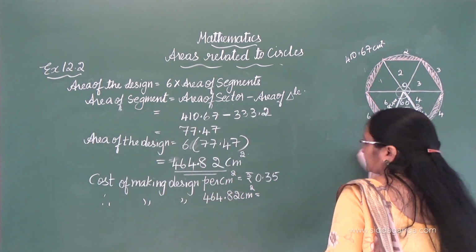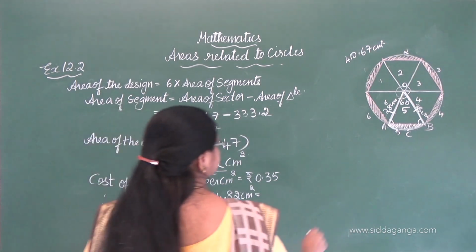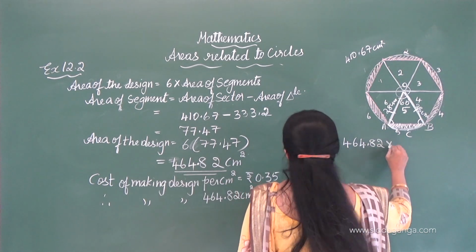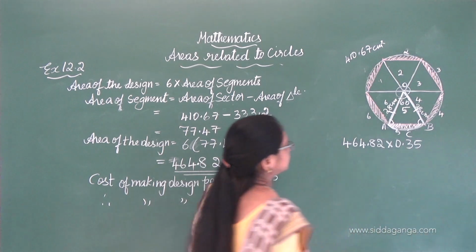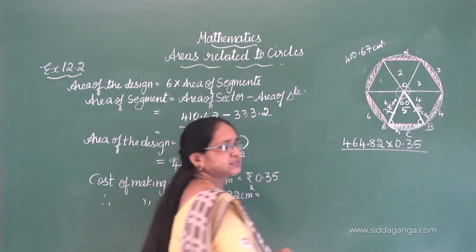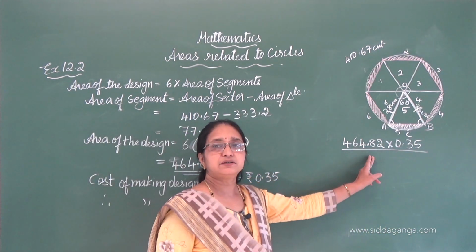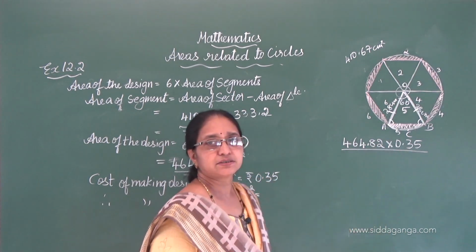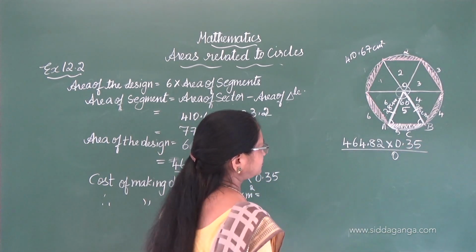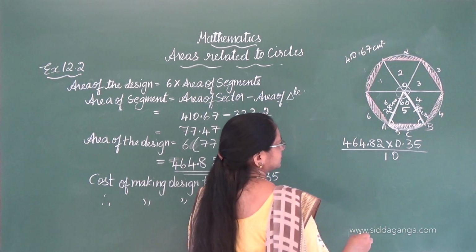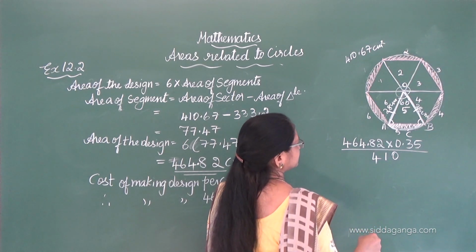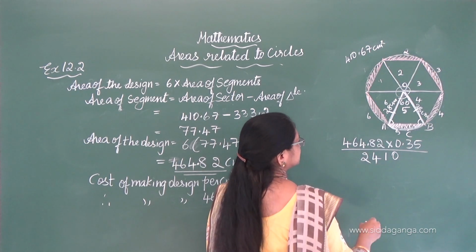So let us find out here. We'll multiply. You can multiply like this, or to remove the decimal point, you can divide by 100. That is also okay. 5 2s are 10, 5 8s are 40, 5 4s are 20, 5 6s are 30, 5 4s are 20.